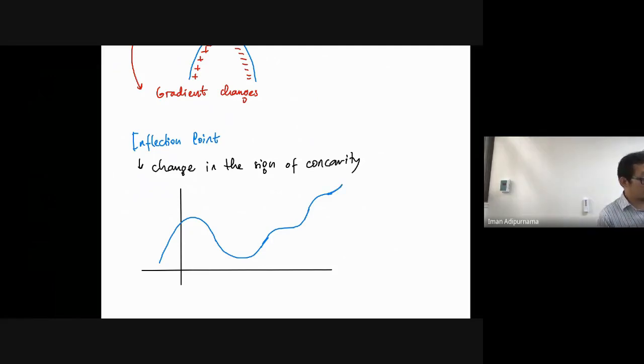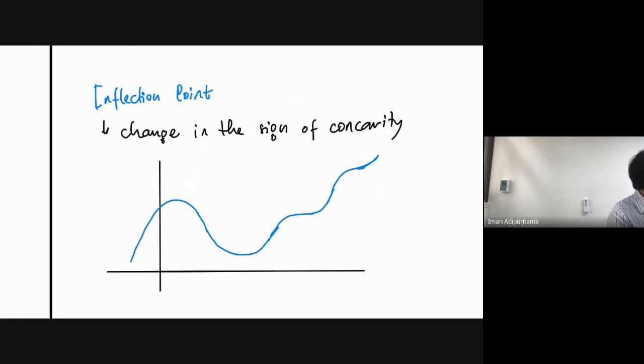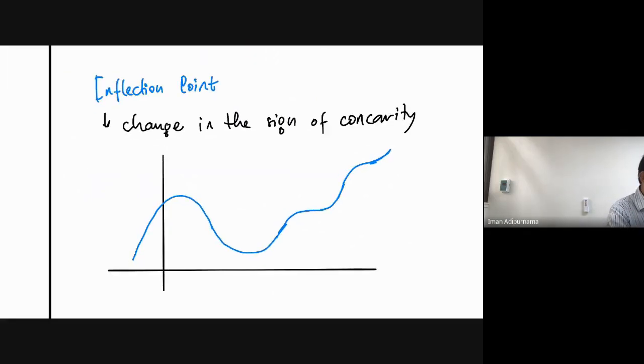Okay, let me take some functions to see where the concavity changes. Let me draw the arrow where the concavity is bending. Okay? So it's going here. It's facing down, right? It's going upwards, and then maybe after some point here it changes, right?